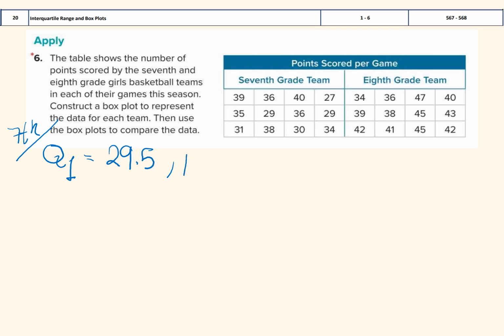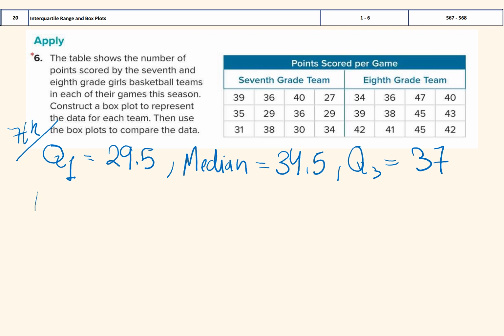And the median is going to be 34.5. Finally, the Q3 is going to be 37. So, as you see here, I found Q1, median, Q3 for the 7th grade. Again, don't forget that the data set should be ordered from smallest to greatest.